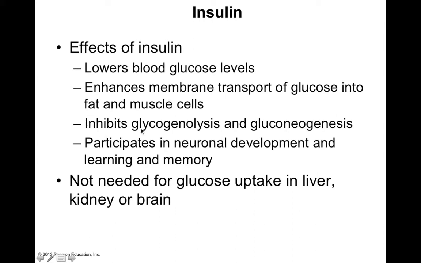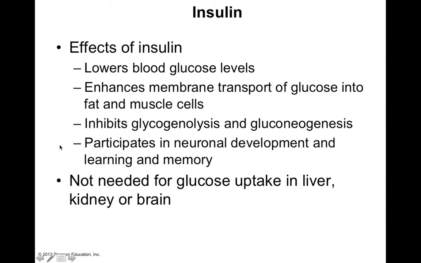Insulin also helps inhibit glycogenolysis and gluconeogenesis. What's interesting is there are other effects of insulin, such as participating in neuronal development and being involved in learning and memory. So not only does insulin help lower blood glucose levels, but it also plays a role in learning and memory.